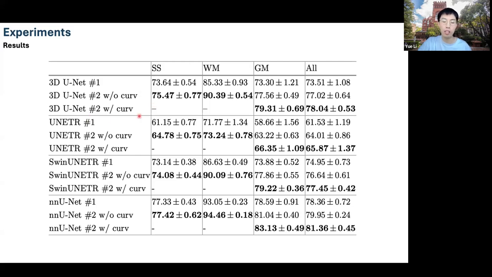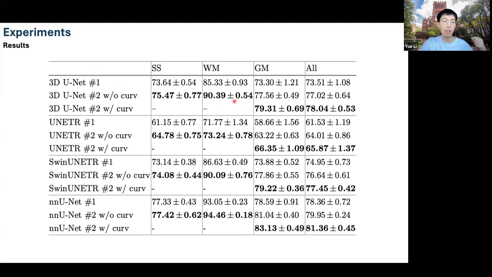And the final one is the proposed model, which not only considers the 2-step scheme, but also the curvature features. So as we can see, no matter which backbone, after improving them with the 2-step segmentation, the dice score improved when compared to the plain model.